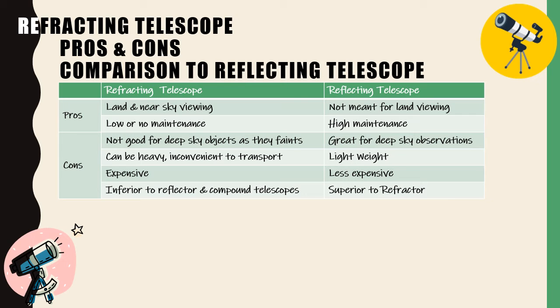Refracting telescopes are very expensive and reflecting telescopes in comparison are less expensive. The refractor is inferior to the reflector and compound telescope, whereas the reflecting telescope is superior to the refractor. This is just for a comparison.